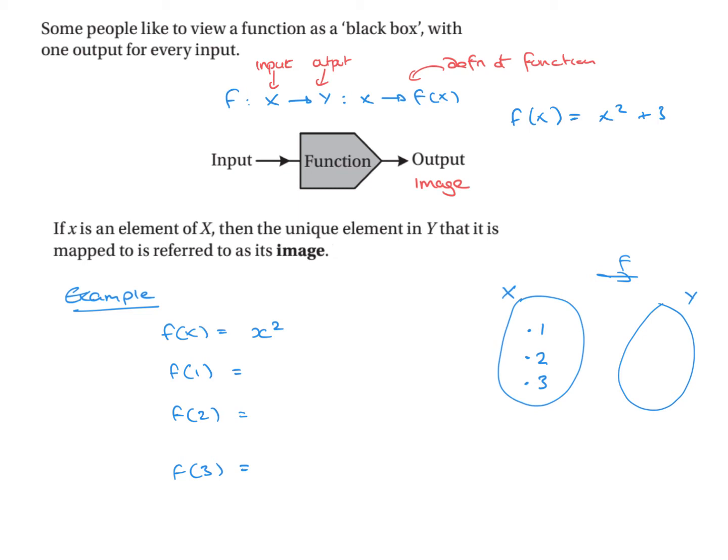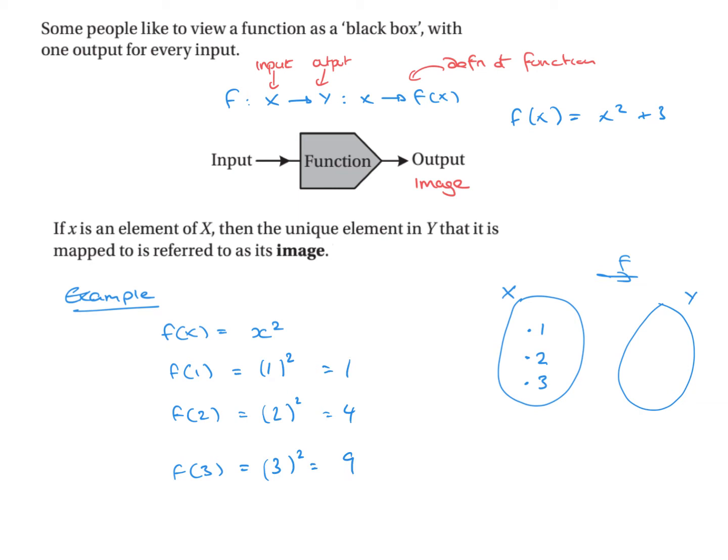Now here we are. We'll do a quick example down here where it says if f of x is equal to x squared, hopefully you can remember that what we do is we just sub in the values. So what we have here is we have 1 squared, which is obviously equal to 1. We have 2 squared for f of 2, which is equal to 4. And we have 3 squared, which is equal to 9.